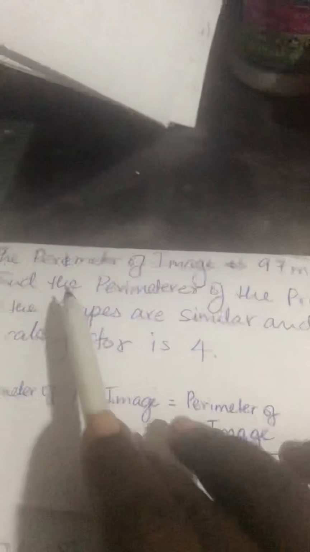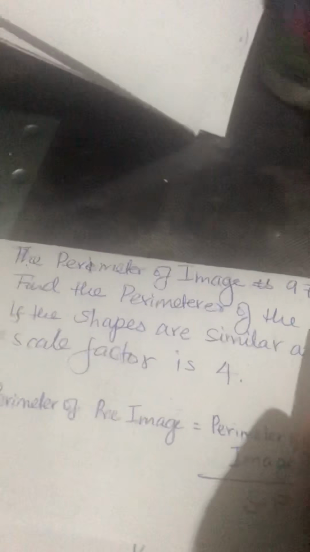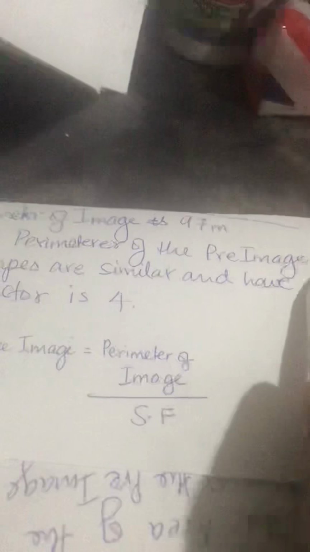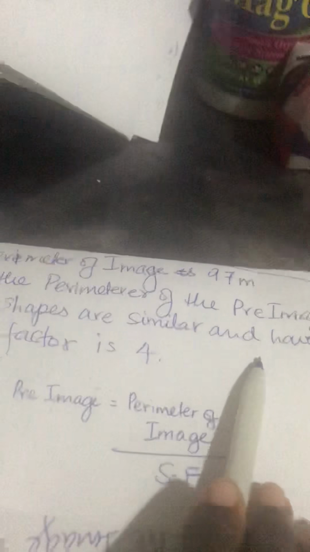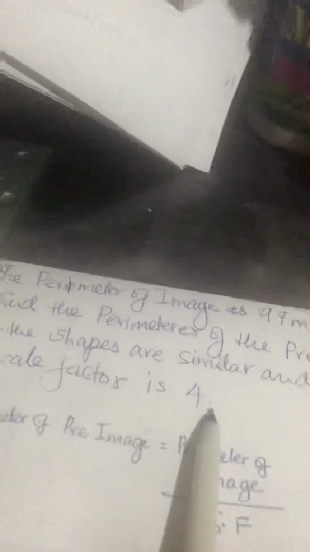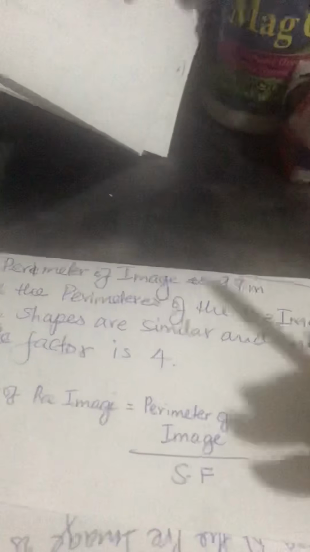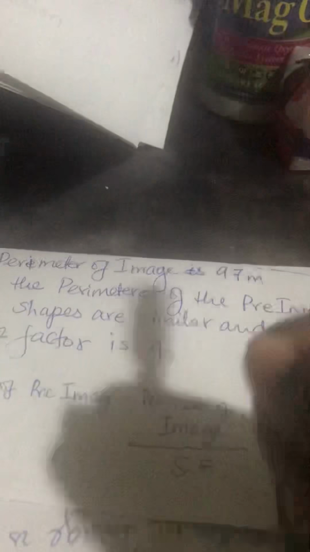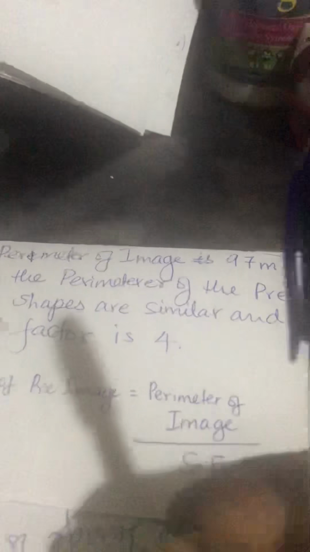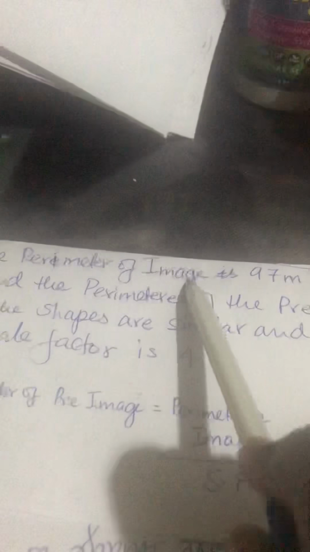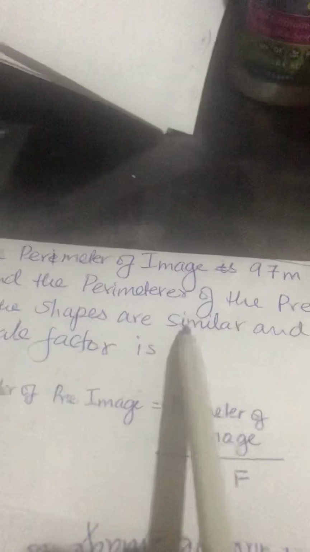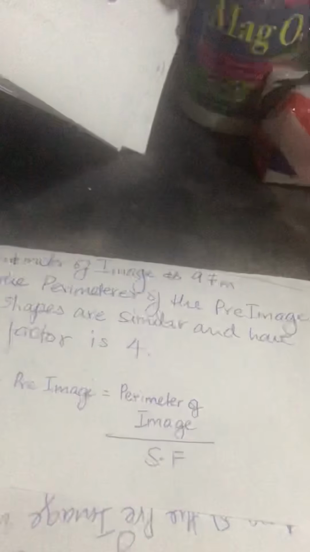Okay, the next question would have been: the perimeter of the image is 97 meters. Find the perimeter of the pre-image if the shapes are similar and have a scale factor of 4. So I am going from big to small, so I will divide. How do I know? Because the image is bigger and the scale factor is greater than 1, so I'm going to the small side.